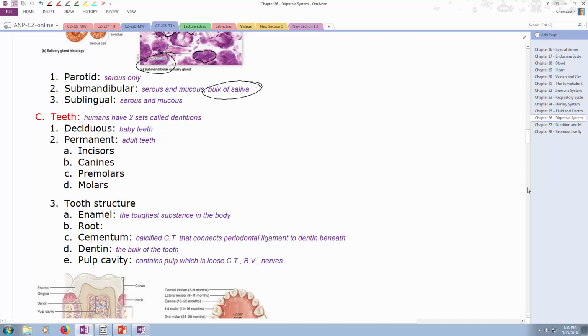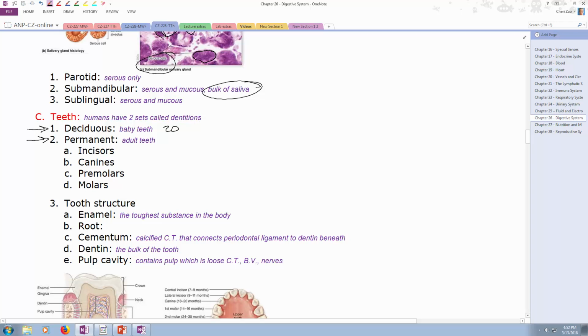We have two sets, and the first set is our deciduous, and our final set is our permanent. The deciduous teeth are also referred to as your baby teeth, so those are the first things to come in, but they're called deciduous because they are meant to fall out, be dropped off. And our permanent teeth are meant to be our final set, and we have nothing to replace them, and also are referred to as adult teeth. So let's see.